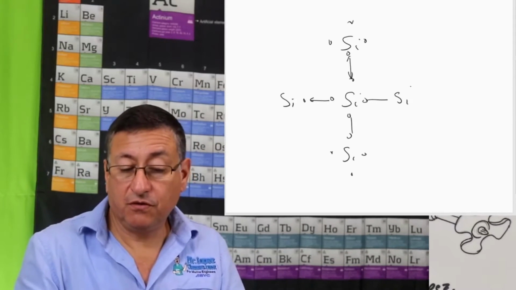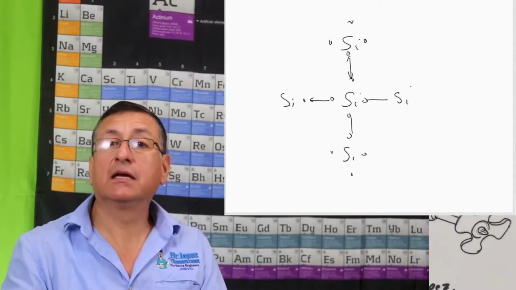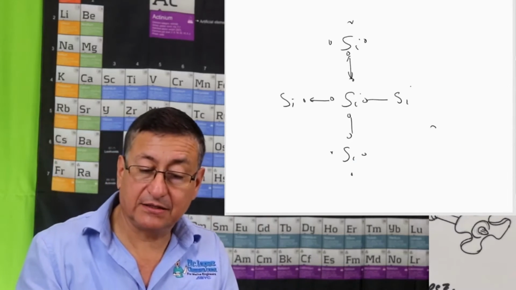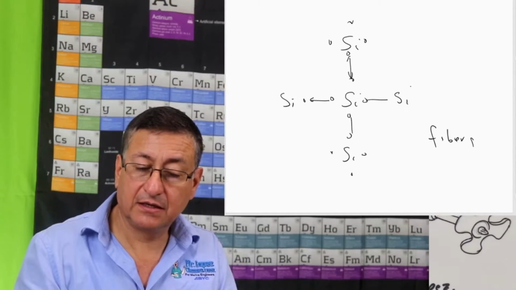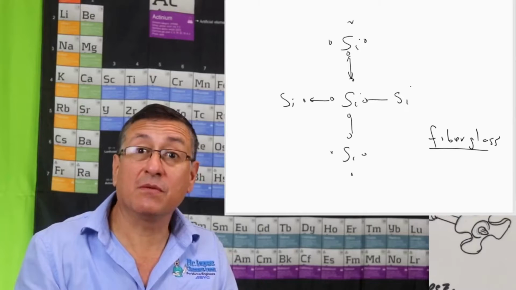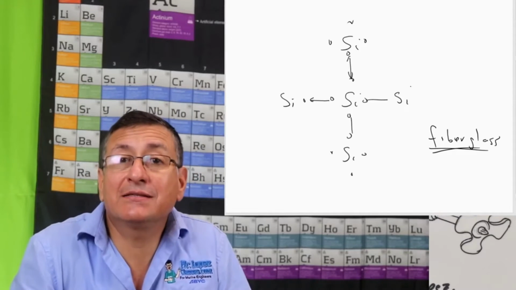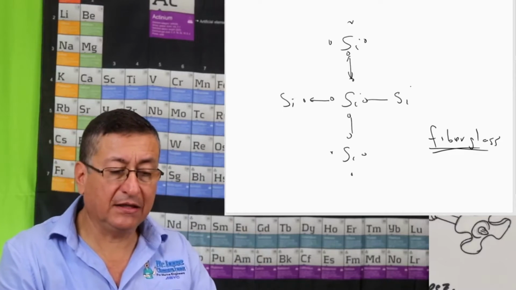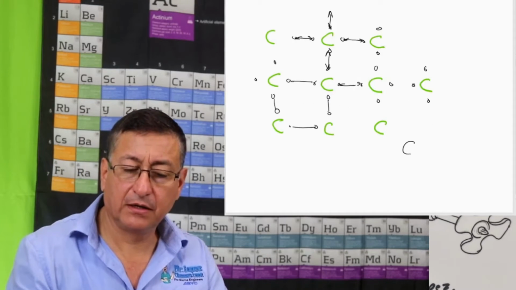This one is used for fiberglass, because the silica mat is that one. Remember, glass is silica, glass is sand. This is for fiberglass, and this one is for carbon fiber.